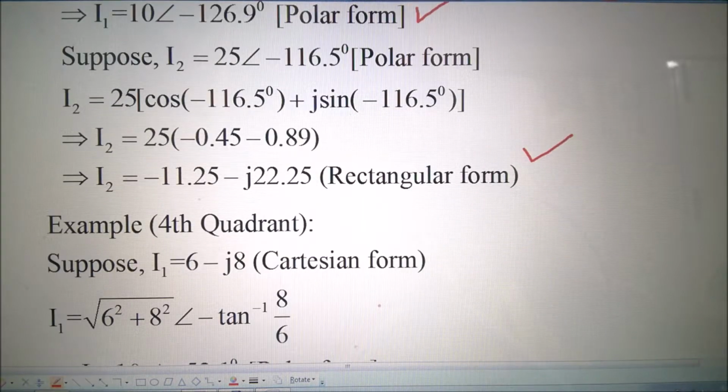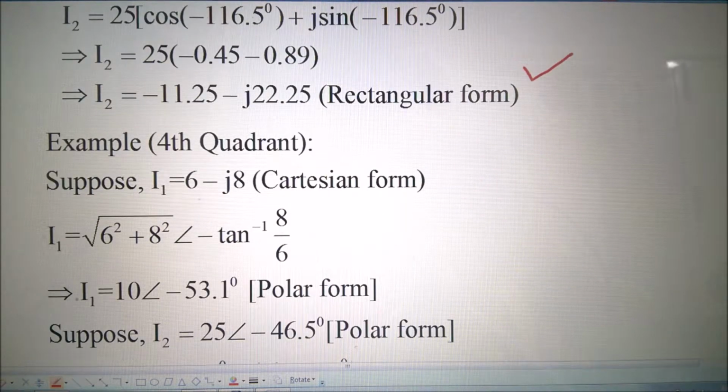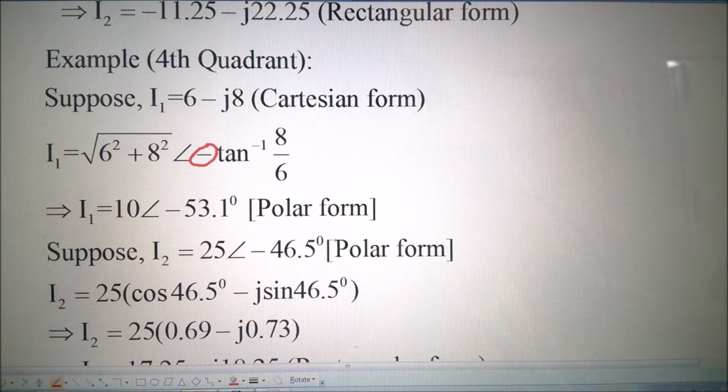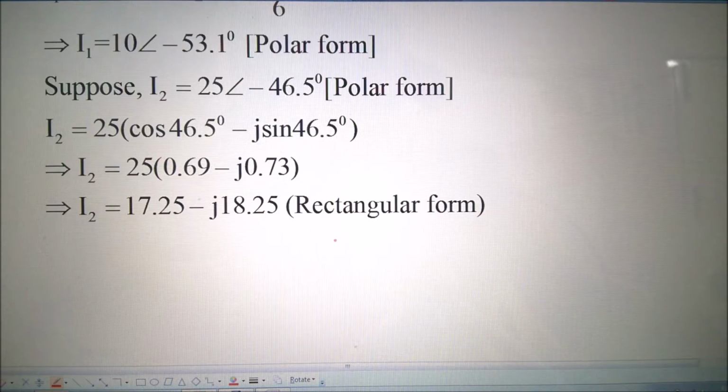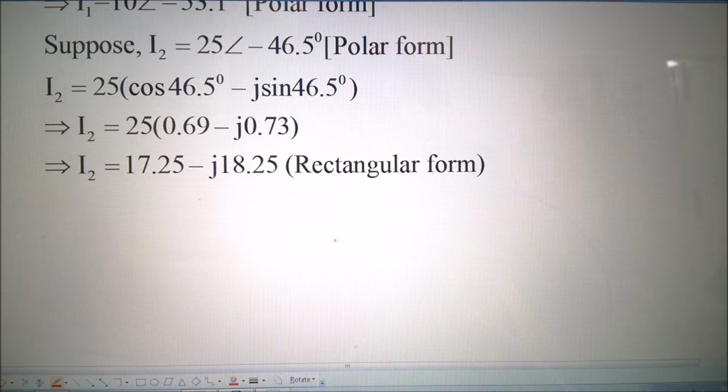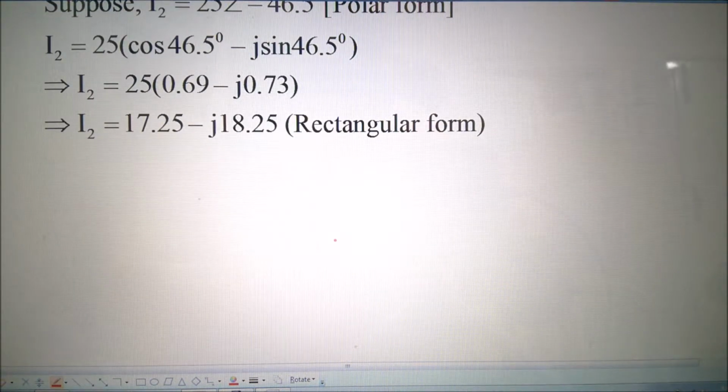In the fourth quadrant, it is just a minus sign, like the first quadrant but negative. I wanted to discuss this so that we can recapitulate while solving problems. That is all about the complex representation of AC quantities.